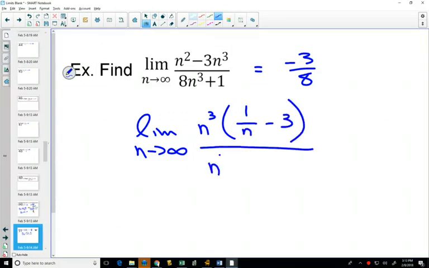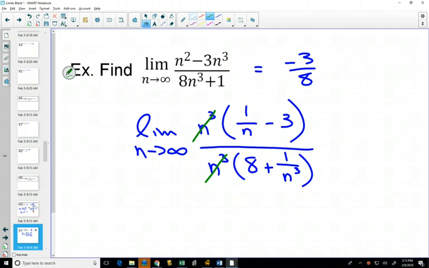And I can take an n cubed out of the bottom, leaving me with 8 plus 1 over n cubed, and have those n cubes simplify. And now when you apply the limit, 1 over n is going to be 0. 1 over n cubed is going to be 0.